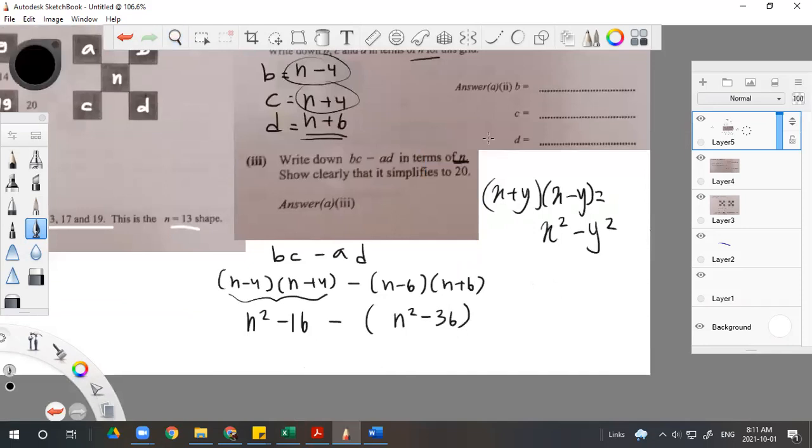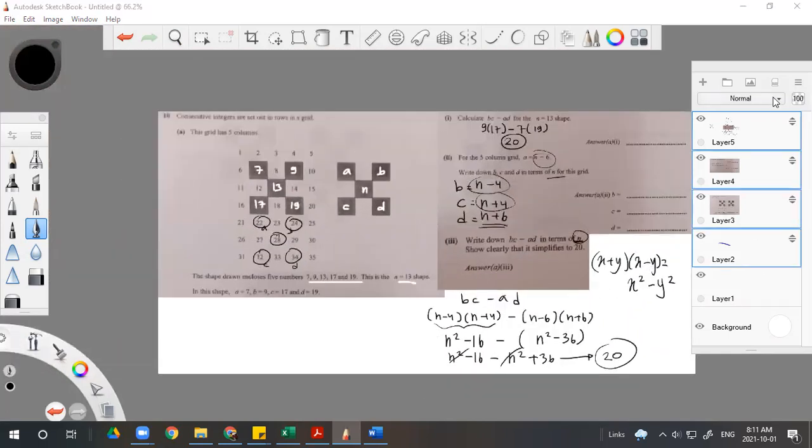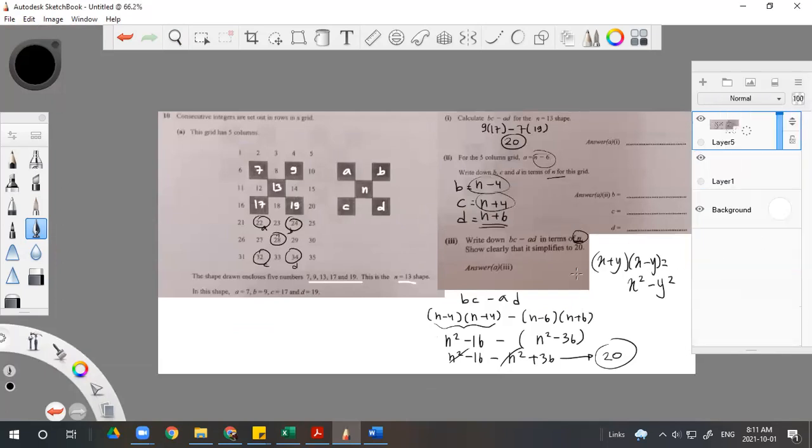Oke, dapat deh. Open the bracket. Done. So for every kind of pattern, for every value of n, the BC minus AD is always 20. That's it. Done. Okay. Ini buat yang tadi.